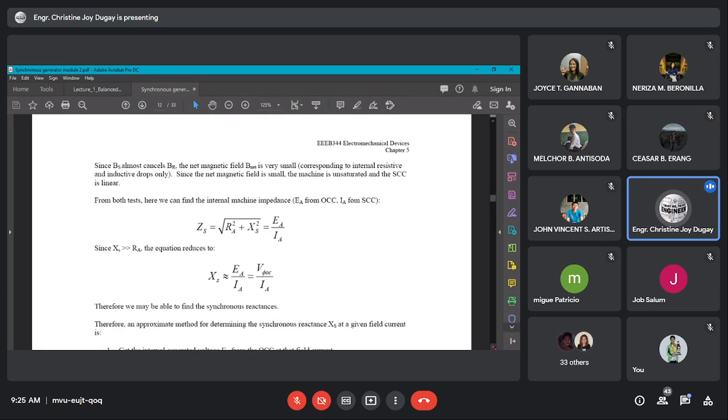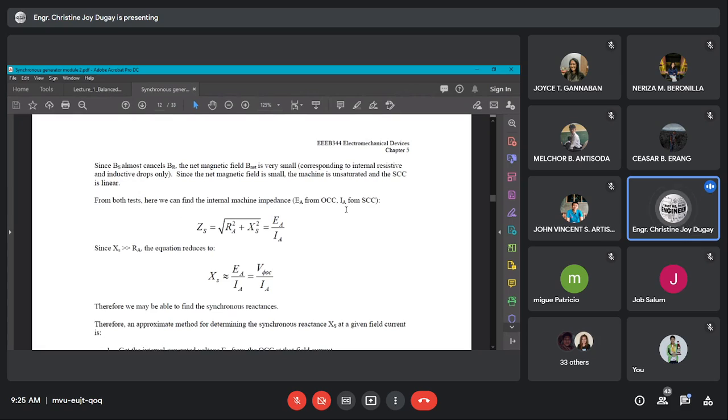From both tests we can find the internal machine impedance, or so from the EA from OCC at saka si IA from SCC. So ang XS po natin, that is equal to EA over IA, or that is the magnitude of RA squared plus XS squared.